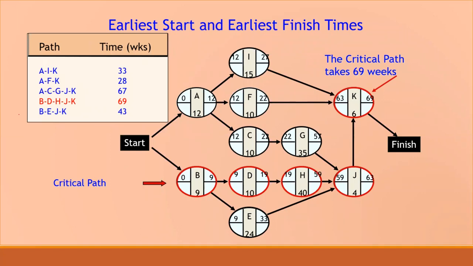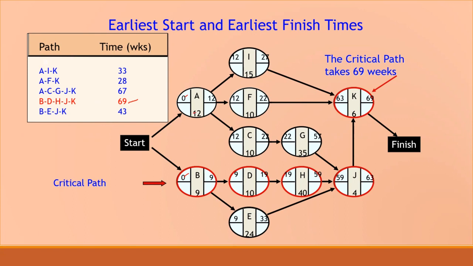So here we already have the value 69 as the critical path. Let us see how we are getting the critical path. We are starting A and B from the beginning. So for A, the earliest start time is 0, and for B, the earliest start time is 0.